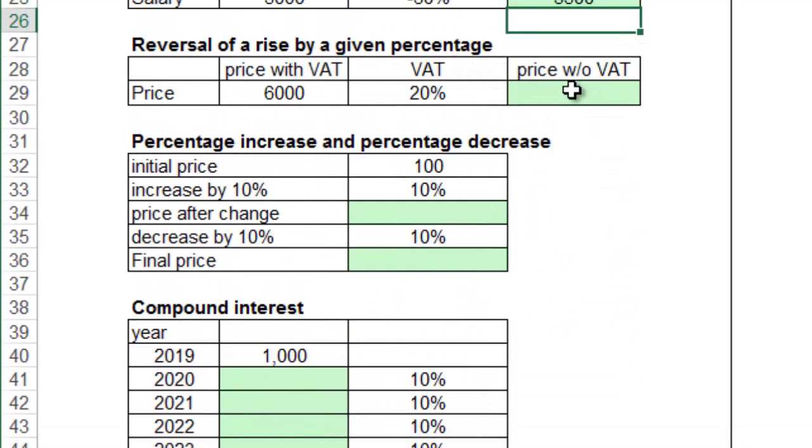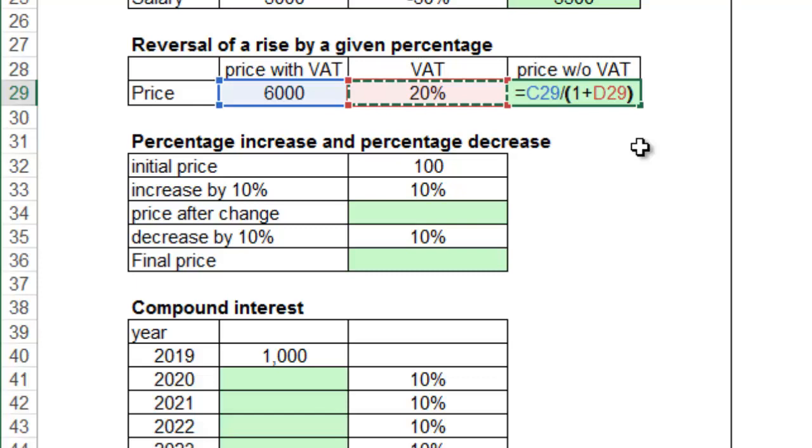Reduction by a percentage is something completely different than a withdrawal of the percentage that has been added. In this case, we need to calculate the price without VAT from the price including 20% VAT. To add a specific percentage, multiply by 1 plus the percentage. To withdraw this operation, divide by 1 plus the percentage.